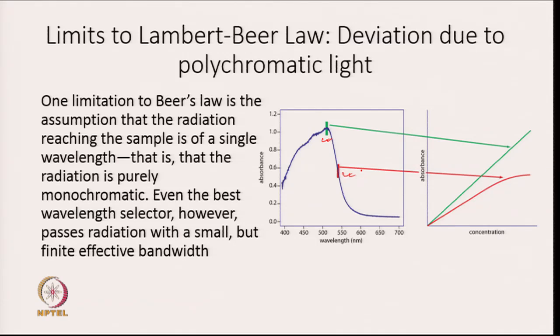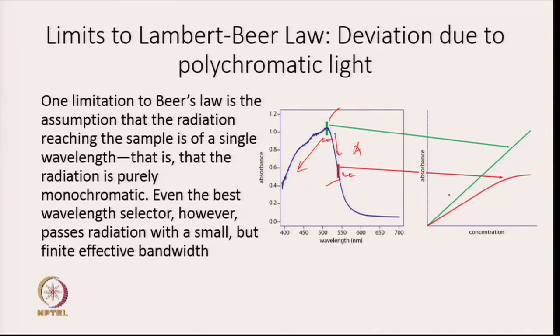Suppose I have a polychromatic light, it means a mixture of certain range of wavelength. What will happen? You can see here there is a decrease, and so your absorbance will be the sum of absorbance at this wavelength and at this wavelength or within this range, and so the absorbance will not be high, it will be low.